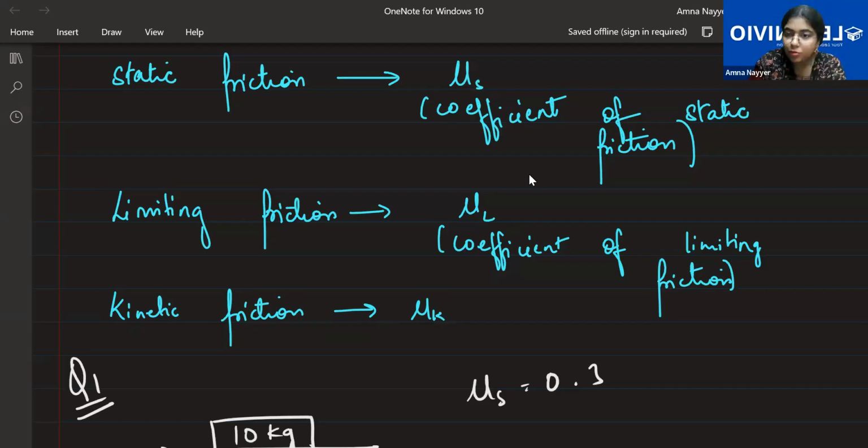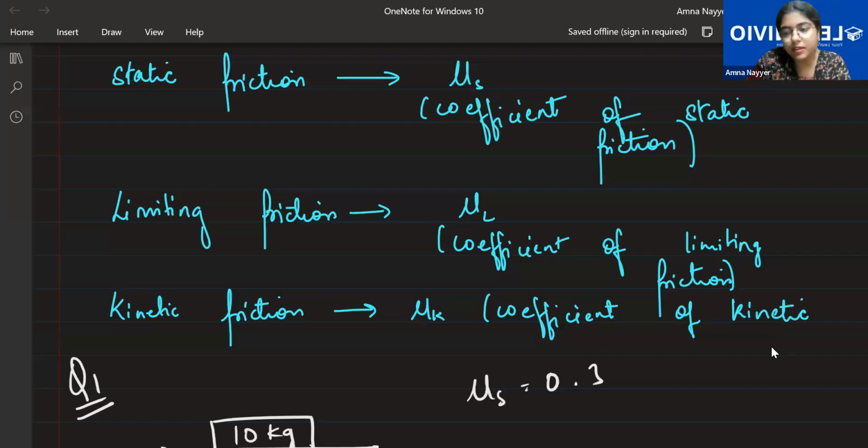If you just have the mu symbol, it means that this is not telling you to classify friction, just calculate the friction force regardless of its type. But mu S, mu L, and mu K will be given because you will be given questions where all the friction forces will be acting. So for that you should know the symbol.